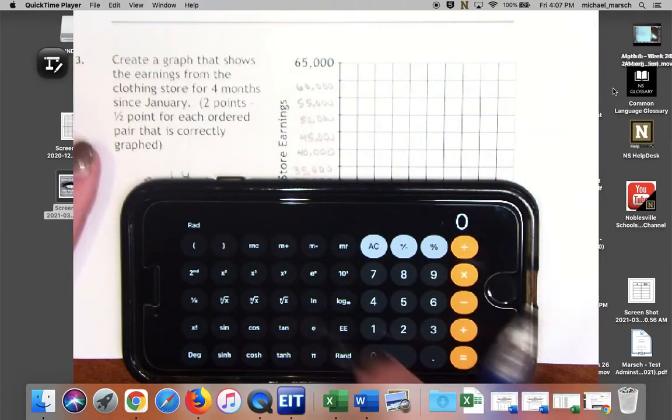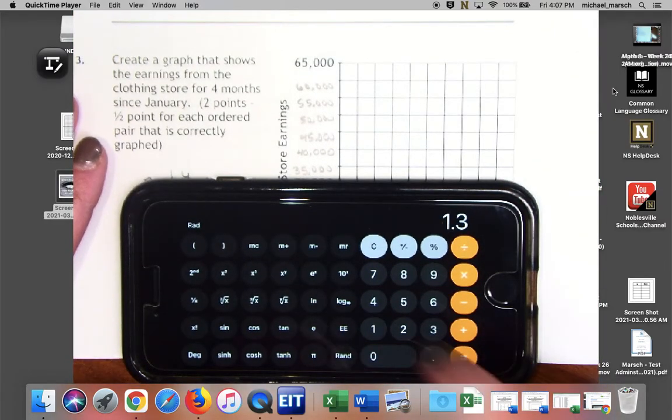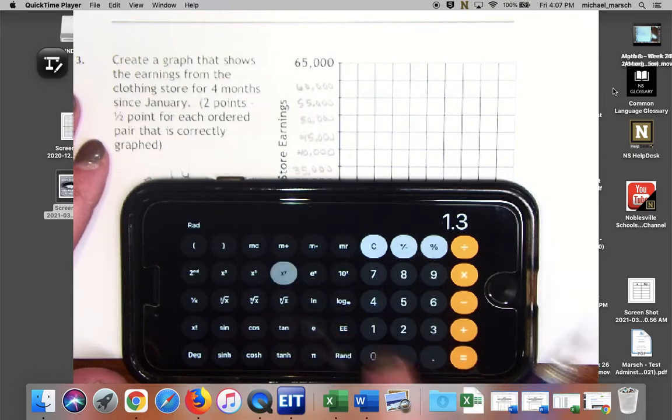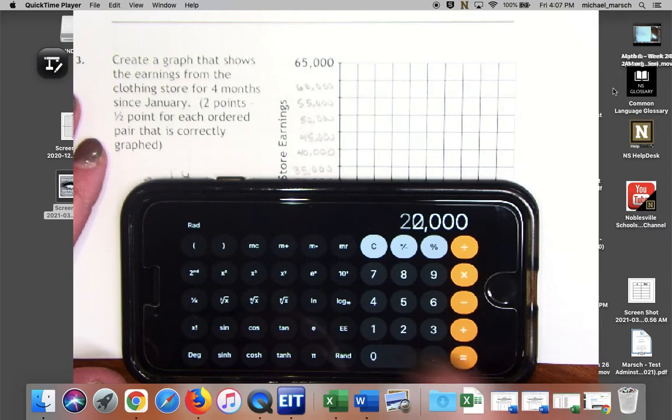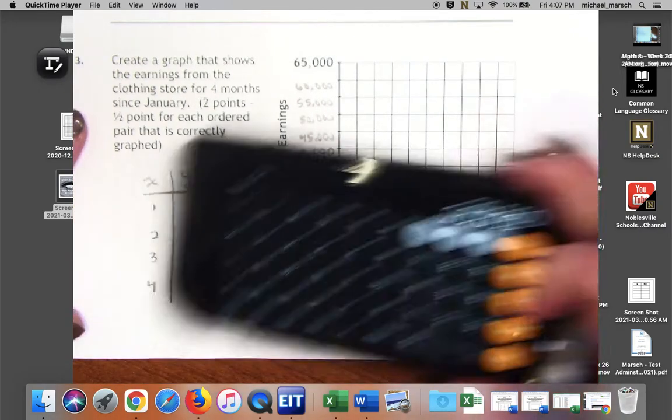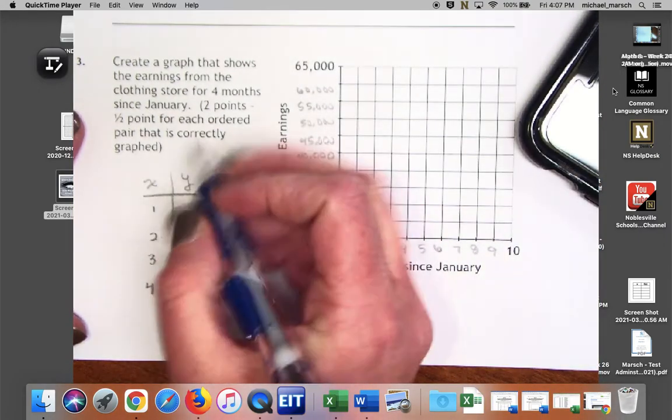Okay, I would do 1.3, hit x to the y, choose 1, equals, times the 20,000, and I'm going to get $26,000 would be their goal after the first month.